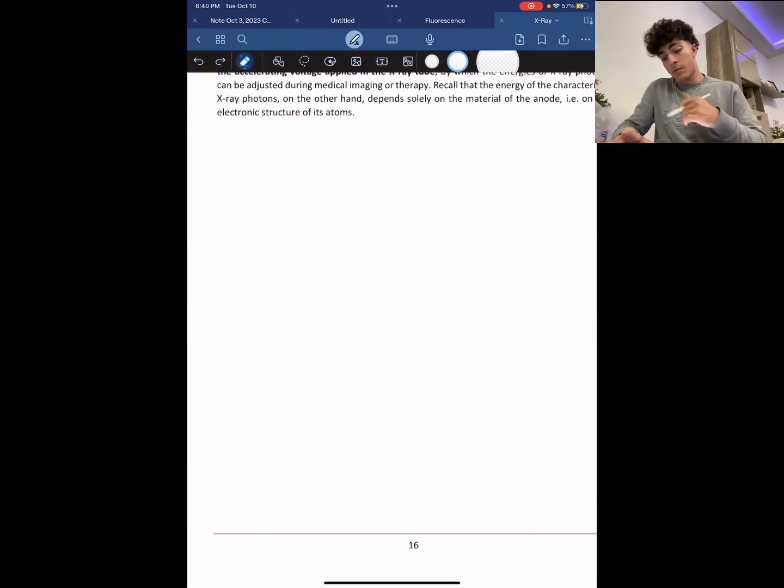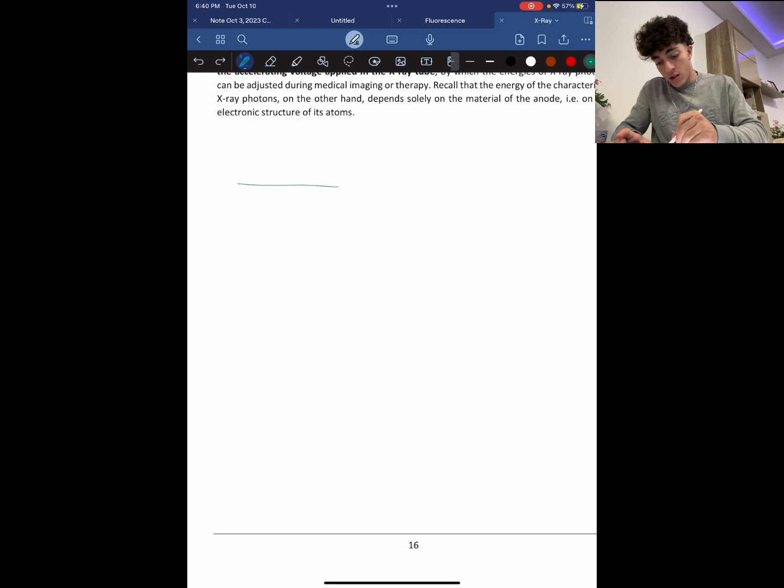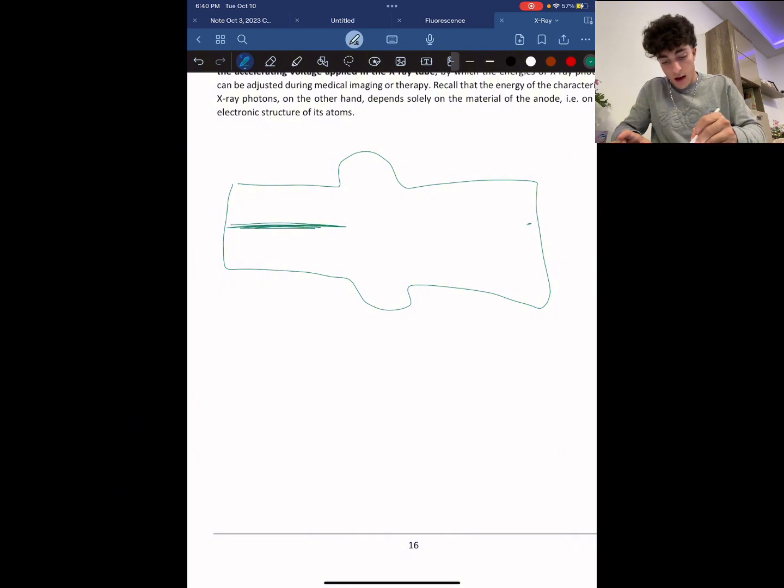So just to recap, I'm going to draw it out for you guys. We have a tube. Okay, we have an anode. We have a cathode. Okay, negative, positive, anode, cathode.